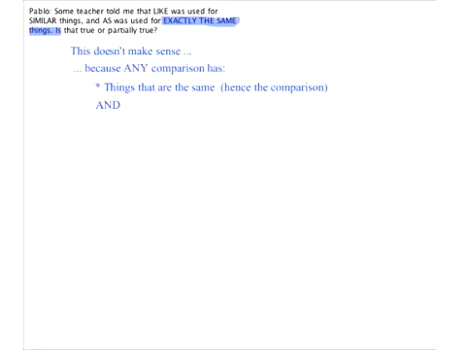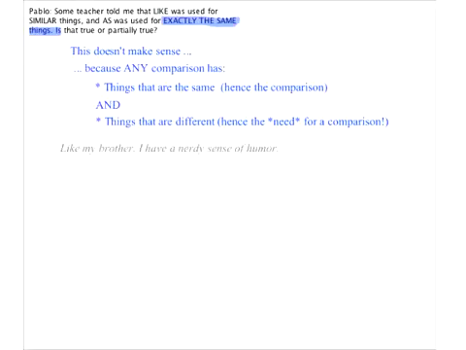Let me just give you a couple of really stupidly simple examples, and we'll go from there. If I say something like, my brother, I have a nerdy sense of humor. There are elements that are the same, like the sense of humor is the same.